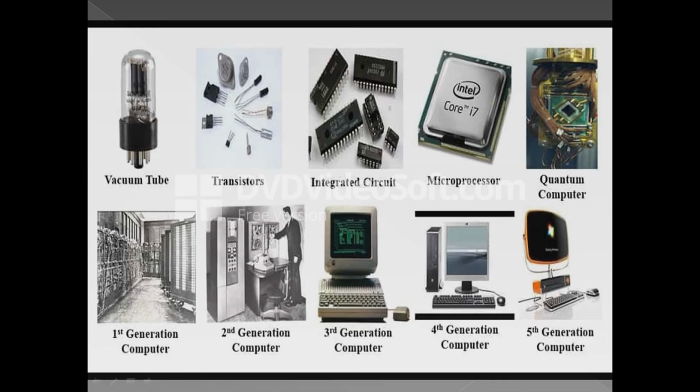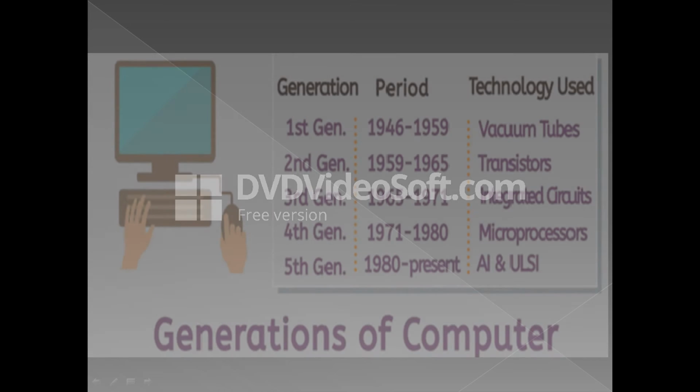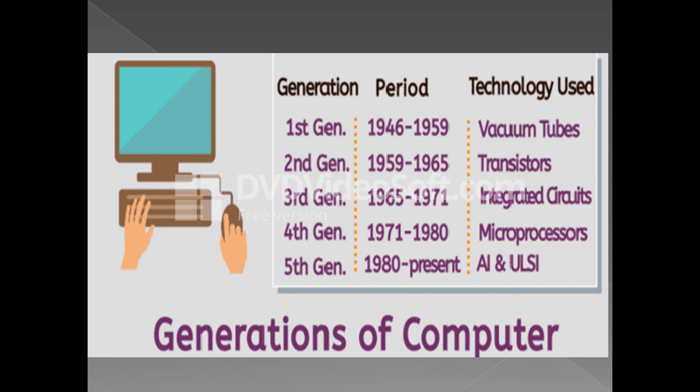So in the first generation, vacuum tube, second transistor, third IC, fourth microprocessor or LSI or VLSI, fifth generation ULSI and AI.